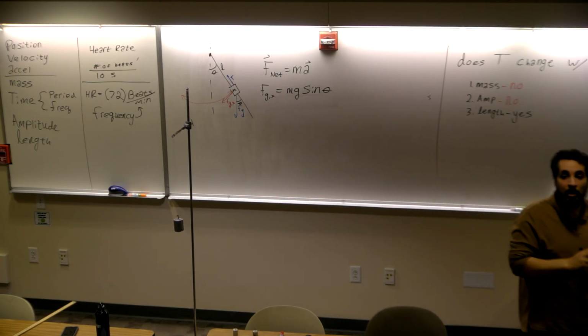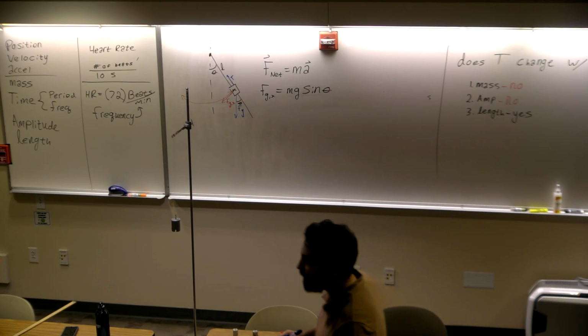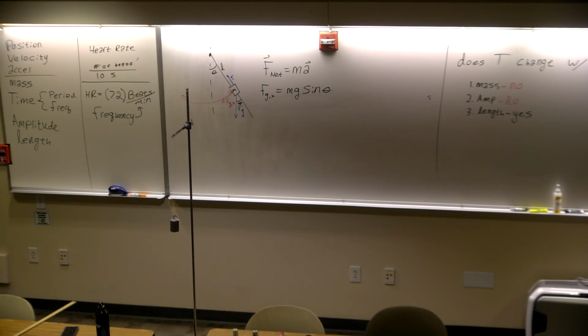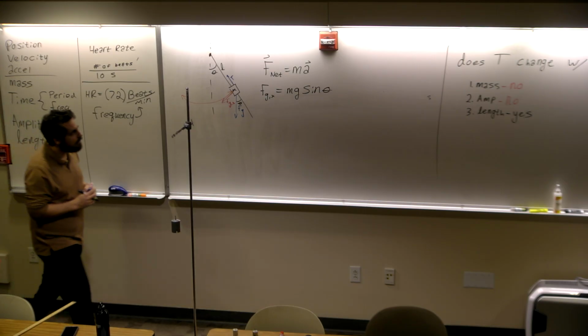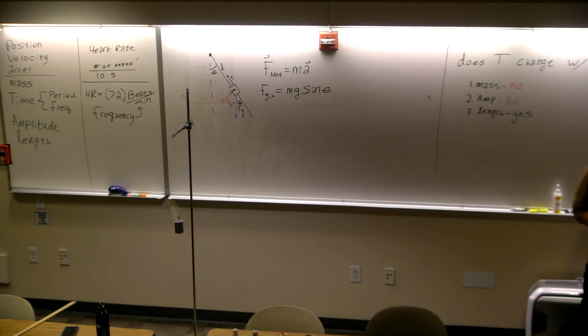Again, theta does change over time. Theta is not constant. Our force is not constant, meaning our acceleration is not constant. But we still have this Fg,x is equal to mg sine theta. Does that sound good? All right, so we have this idea, Fg,x is equal to mg sine theta.